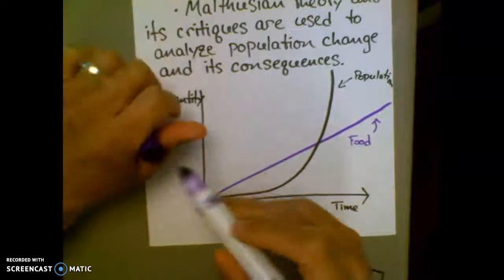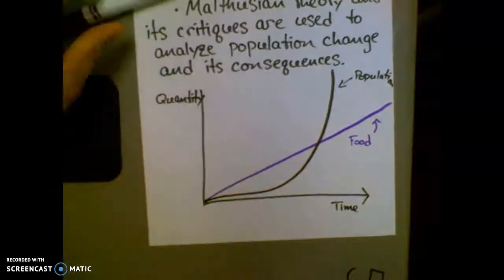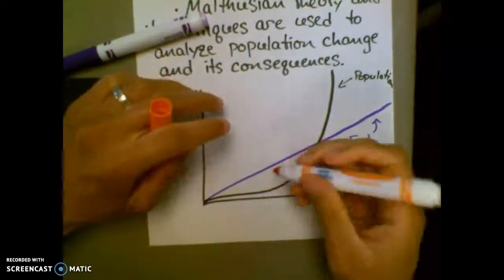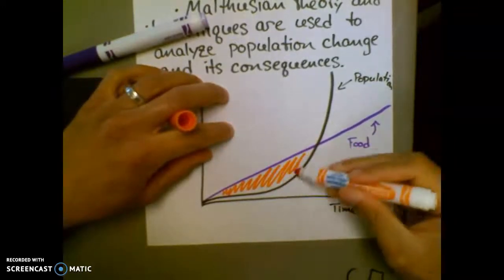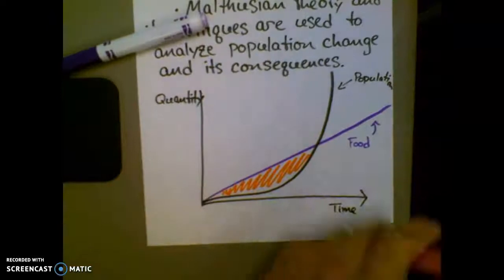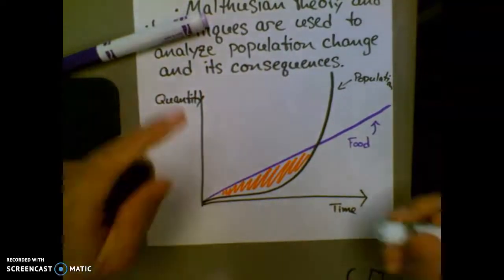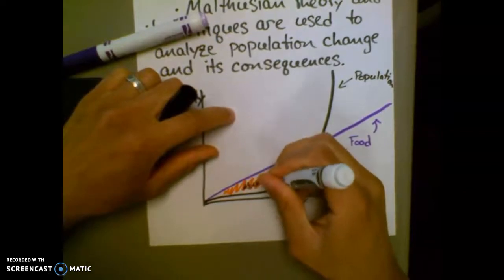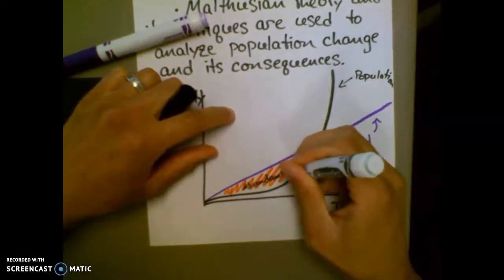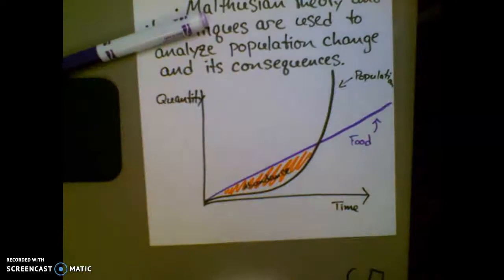So if we're in this position right here, we have what we can call abundance. Abundance is when the population is less than the supply of food. We have an abundant amount of food, right? There's enough food for everyone.